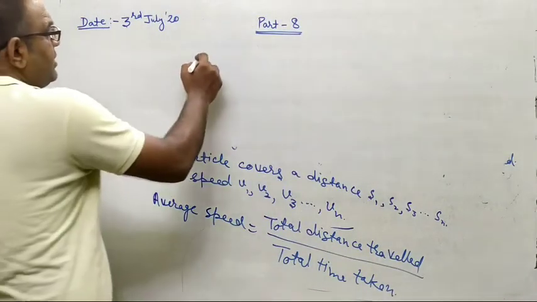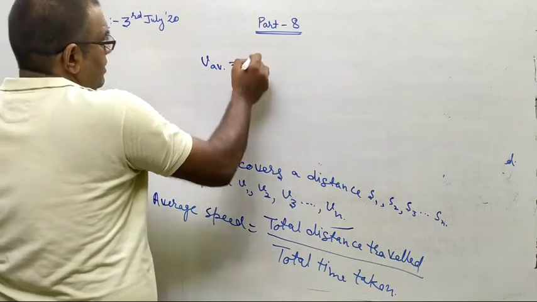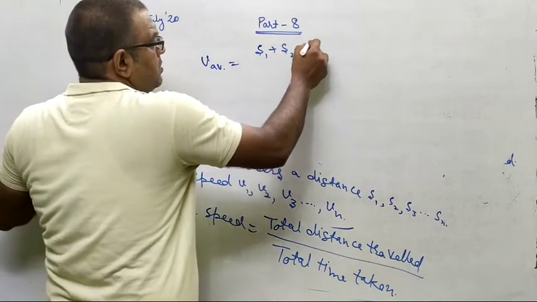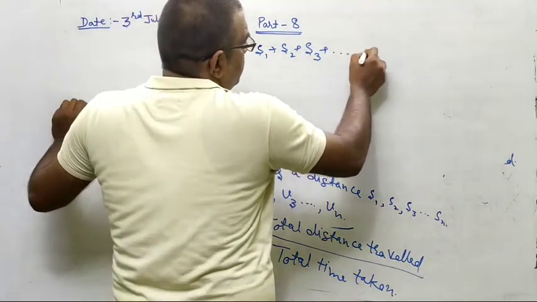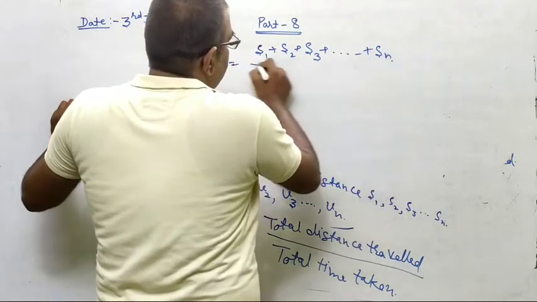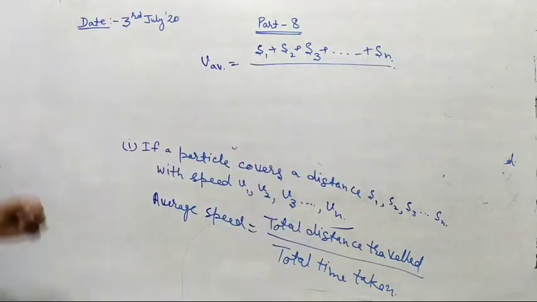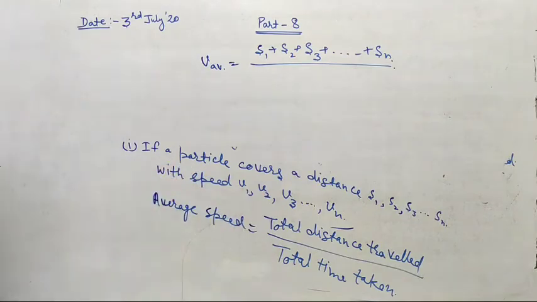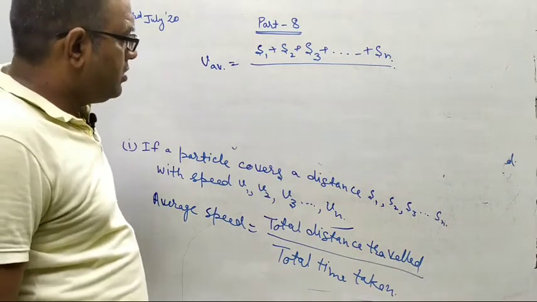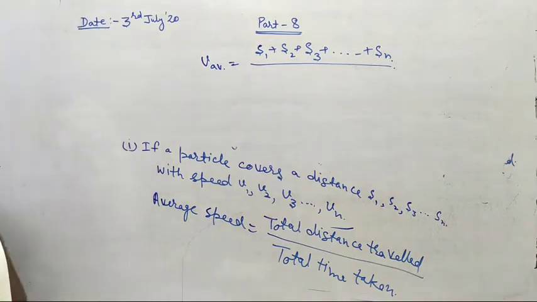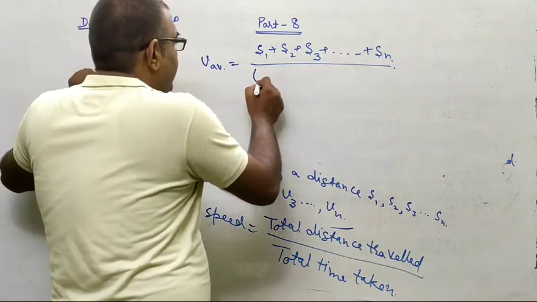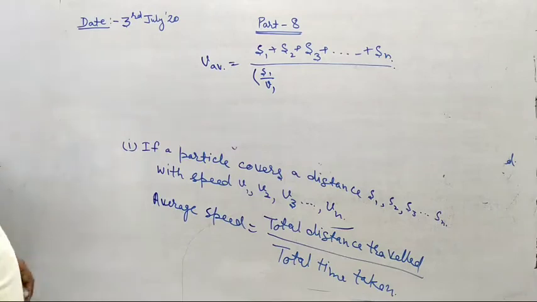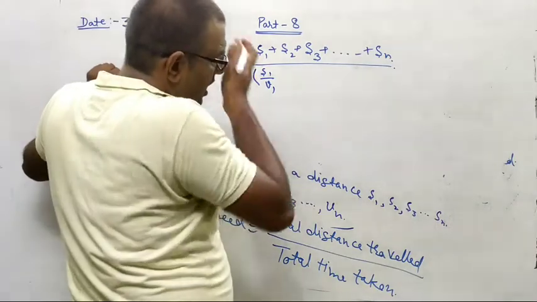Total distance is S1 plus S2 plus S3 plus up to Sn. In the question there is no specification about time, so we have to calculate it, and the time can be calculated as distance upon speed, because speed is equal to distance upon time.